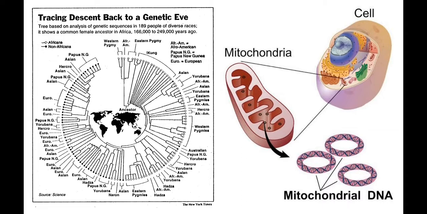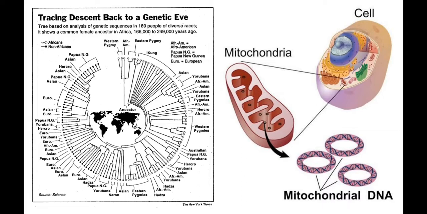What is also important to know about DNA is that every cell has mitochondria. Mitochondria are special organelles inside the cells which produce energy by burning fatty acids, proteins, amino acids, and also sugars in oxygen.